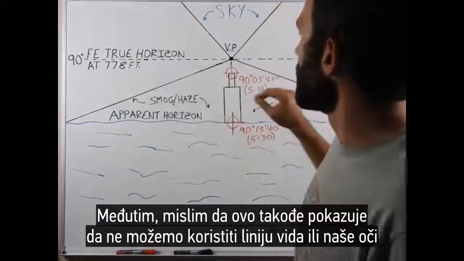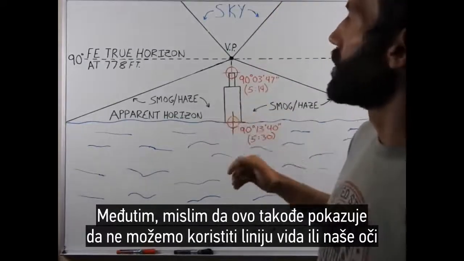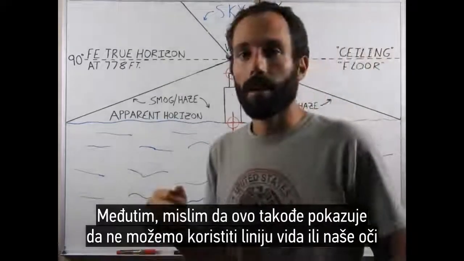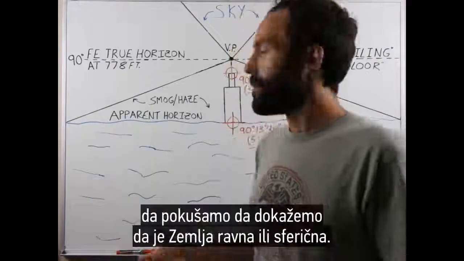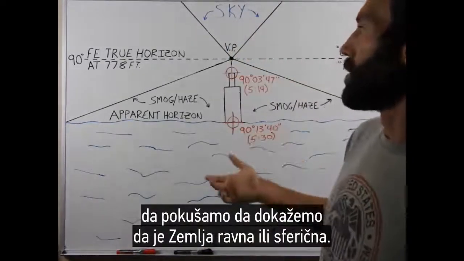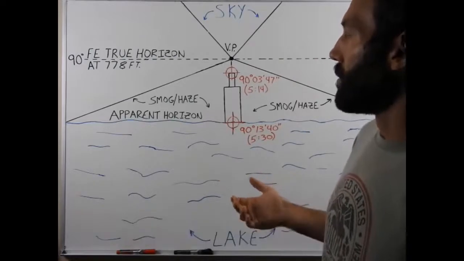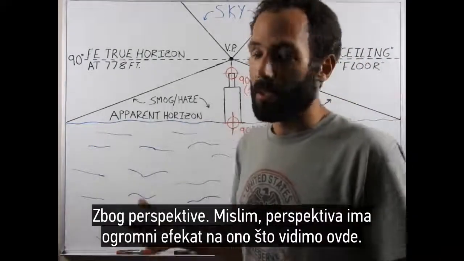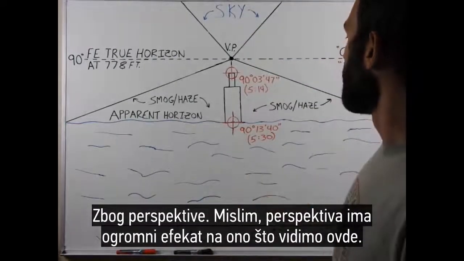However, I think that this also shows that we cannot use line of sight or our eyes to try and prove that the Earth is flat or spherical, because of perspective. I mean, perspective has an enormous effect on what we're seeing here.